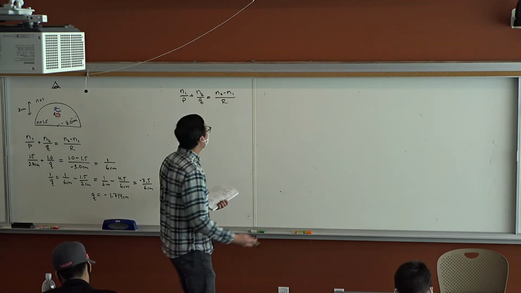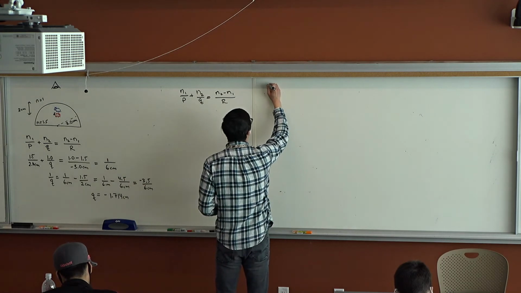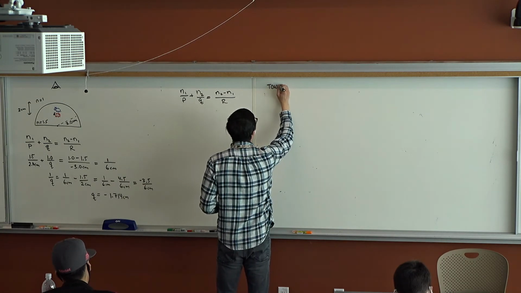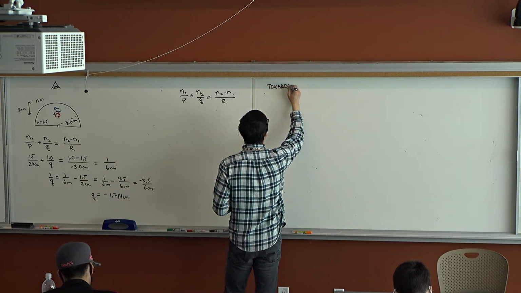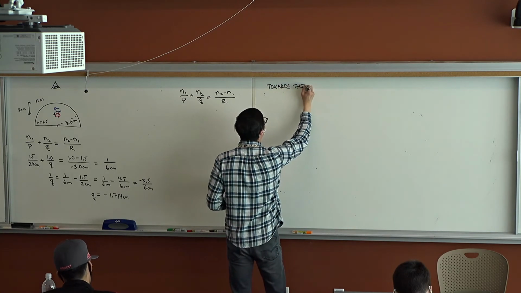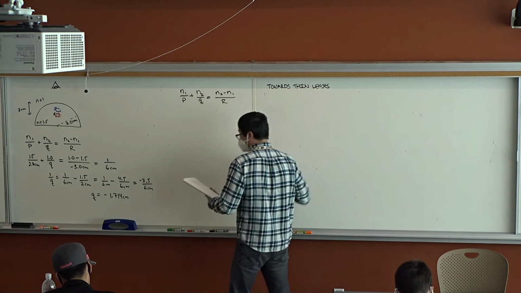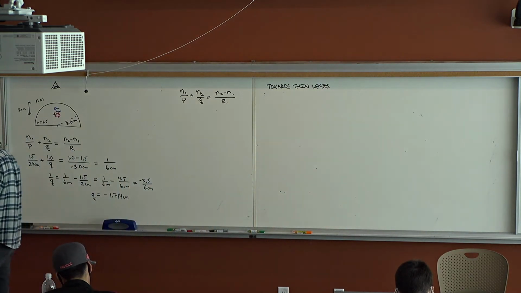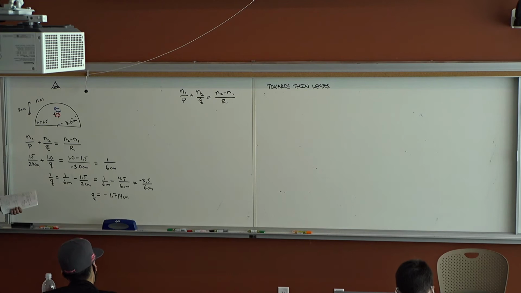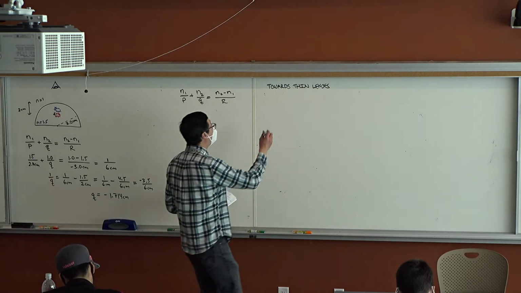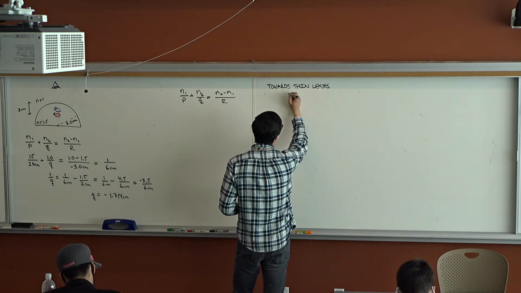So, we want to start moving towards thin lenses. For a thin lens, you have refraction at 2 surfaces, or for lenses in general.